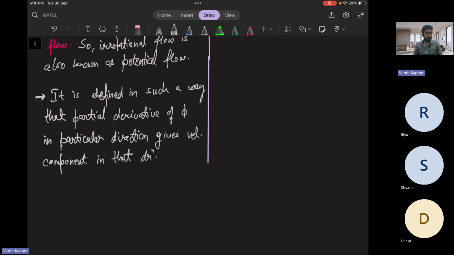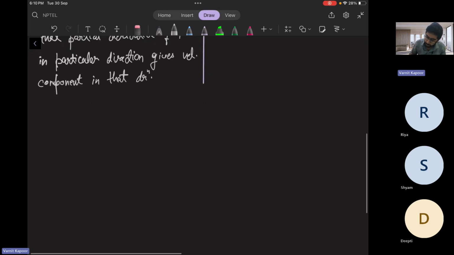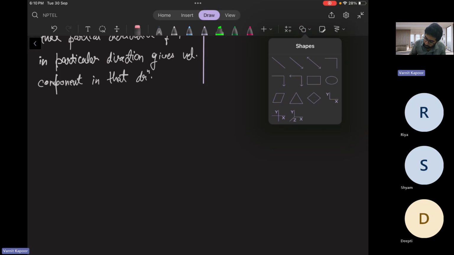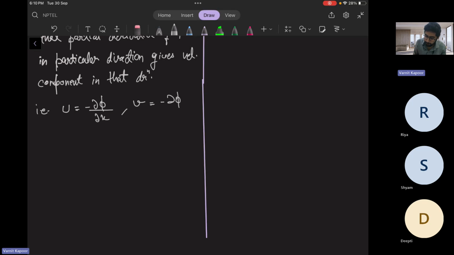It's quite a big comparison table, so let me extend this. So u is the partial derivative of phi with respect to x. v is the partial derivative of phi with respect to y in that direction. And w is the negative partial derivative of phi with respect to z.